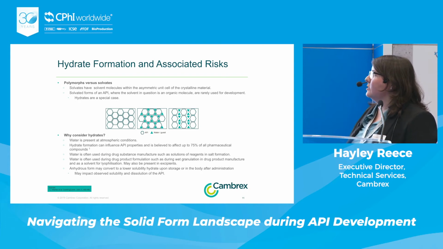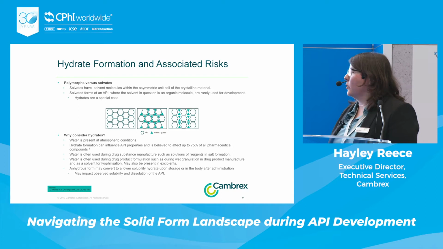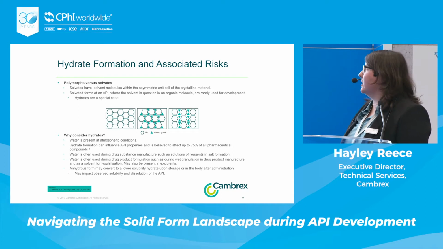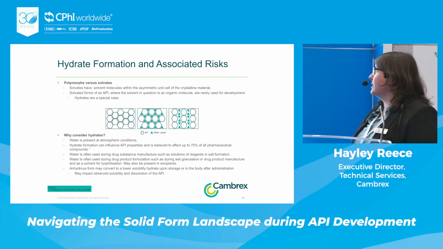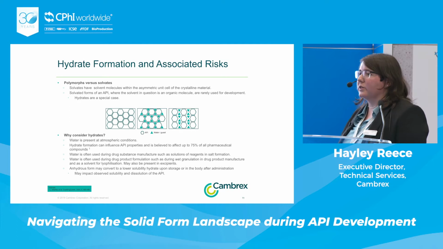So we really need to look into our API landscape to work out if hydrate formation is possible. Normally we find that your API will be exposed to water at some point, so actually at various steps during the development cycle. So for example, during drug substance manufacturing, we might have water in some of the reagents. During formulation development, wet granulation, lyophilization, even in some of the excipients, we may have water there.